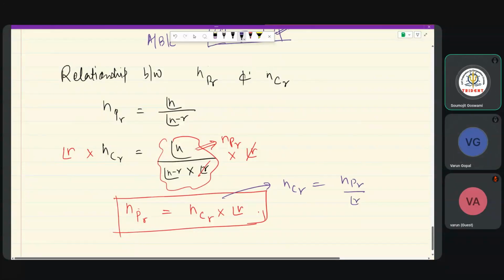This is not derangement, derangement is a different thing. I am now just looking at selection, selecting the objects and then not arranging them.